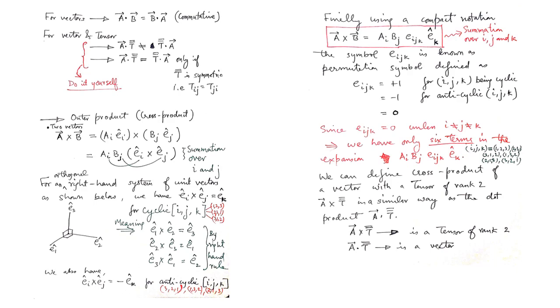Now what do we mean by right-handed? Right-handed means that ei cross ej is always equal to ek for cyclic combinations of i, j and k.